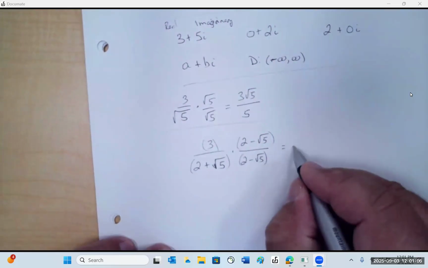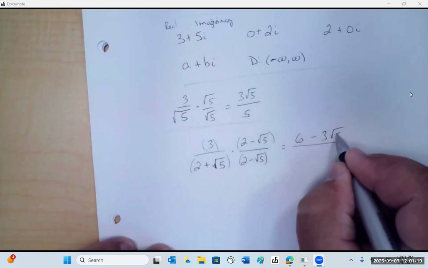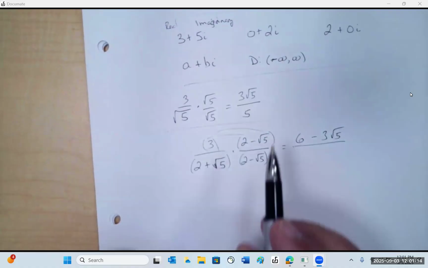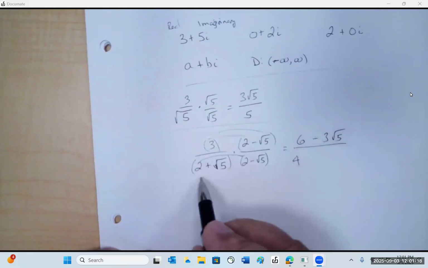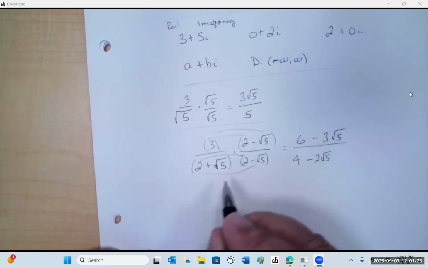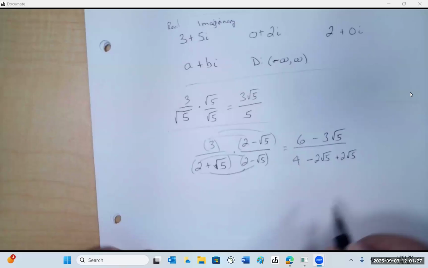Because here we have 3 times 2 is 6 minus 3 radical 5. That's on top. Just multiply those. But look what happens on the bottom. 2 times 2 is 4. 2 times negative radical 5 is negative 2 radical 5. Positive 2 radical 5.